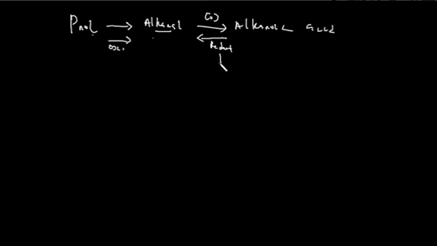Now, the most popular reducing agent that is used is lithium tetrahydroaluminate(III), LiAlH4. This is the most popular reducing agent that is used in organic chemistry. So once you see this guy reacting with anybody, know that it's reduction.